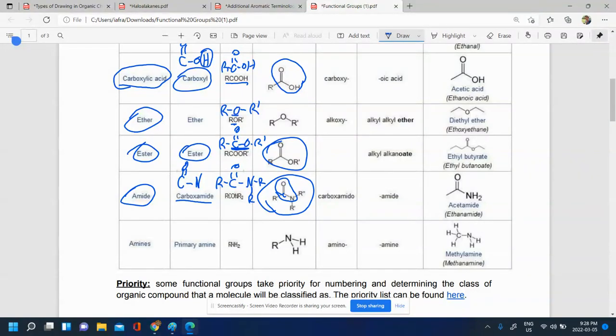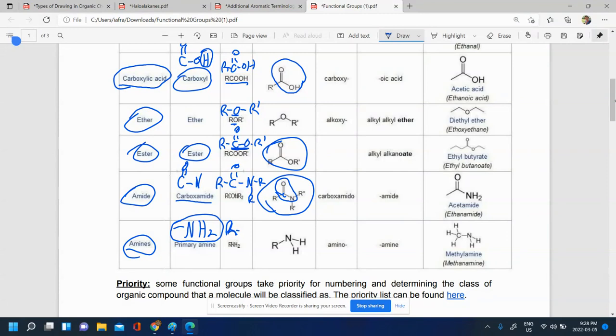Something that students often confuse with amides are the amines. Amines, their functional group is an amino functional group, or an amine functional group, you can call it, is typically NH2. And if you see this, simply an N attached to a carbon chain, so either an NH2 or sometimes it could be just an NH. It varies depending on the bonds that you have there.